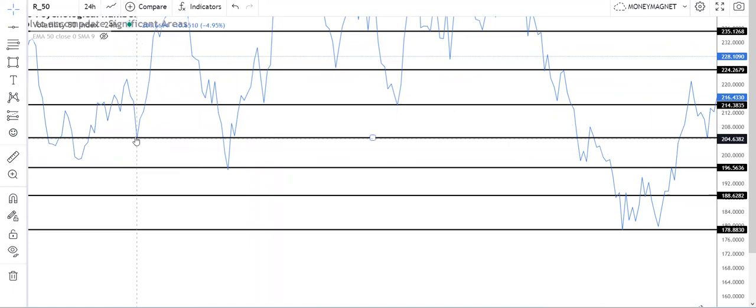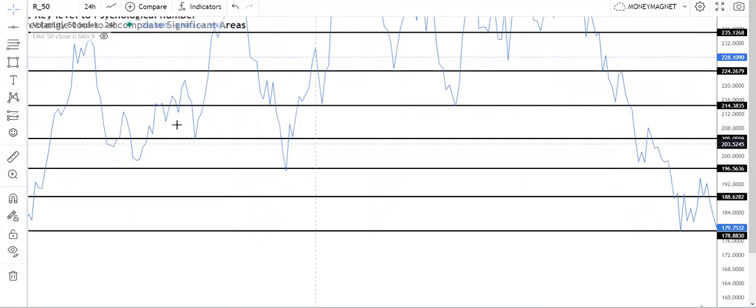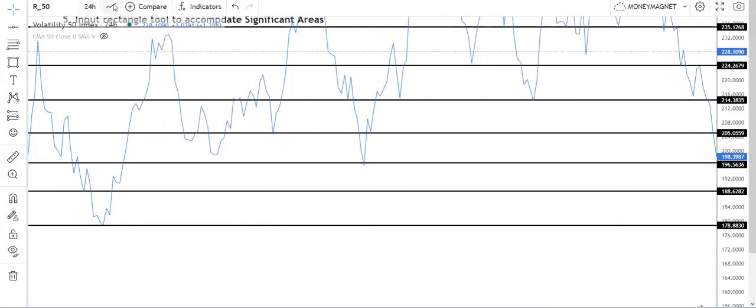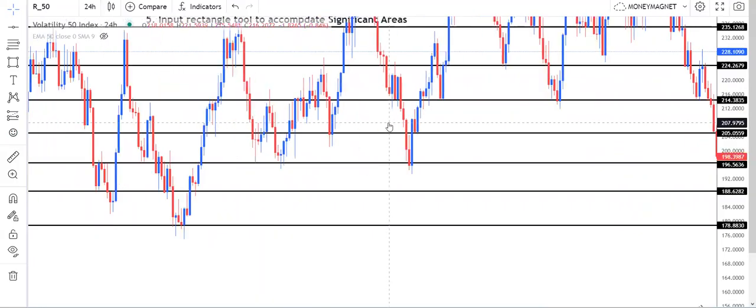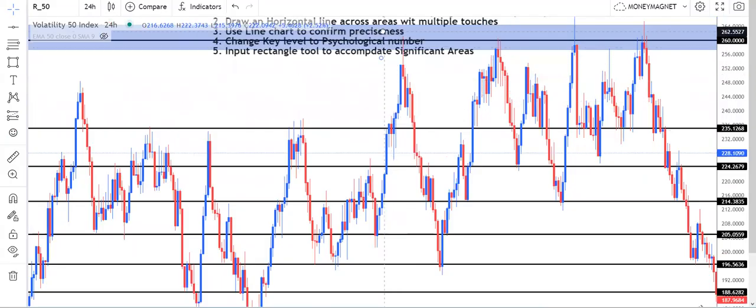So as you can see right here, the line chart is resting just on the horizontal line. And then I don't want to clog the chart with too many levels.